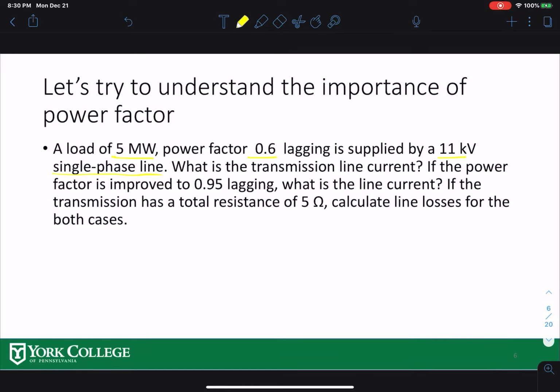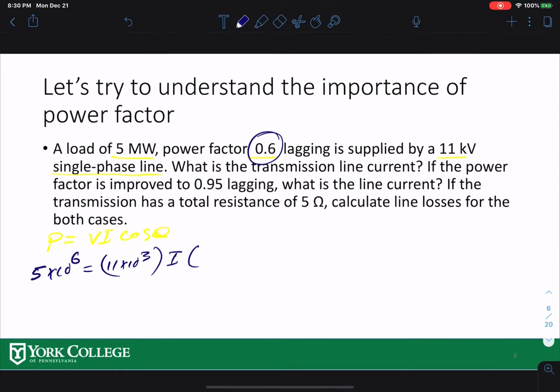Now to do that, I know the real power, P, it will be VI cosine theta, right? P is 5 megawatt, which is 10 to the 6, and V is 11 kV, which is 11 times 10 to the 3, right? And I'm trying to find I. My cosine theta, which is your power factor, is 0.6.